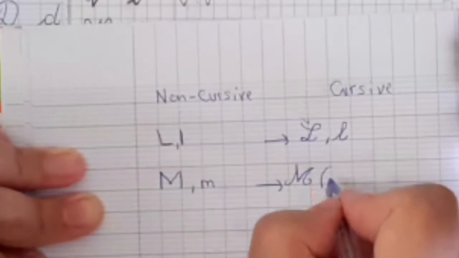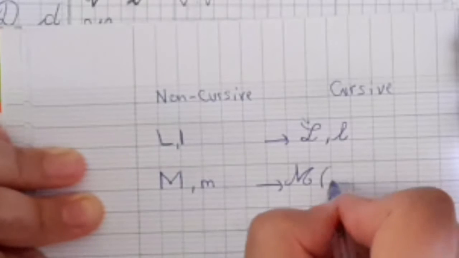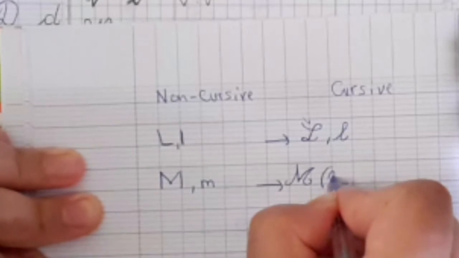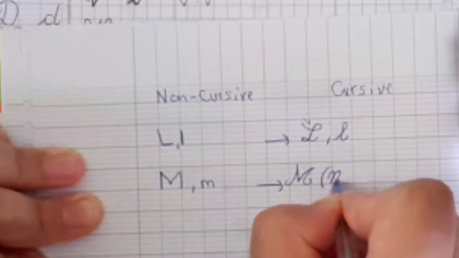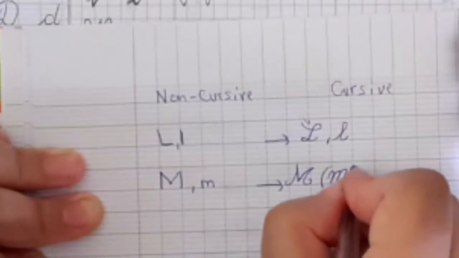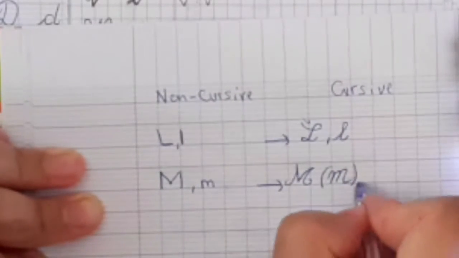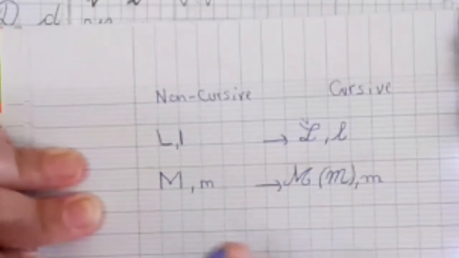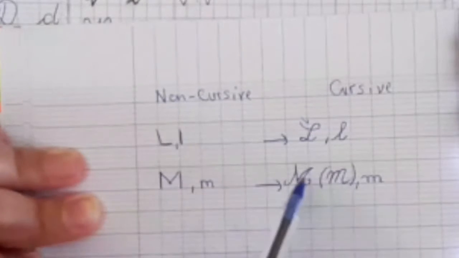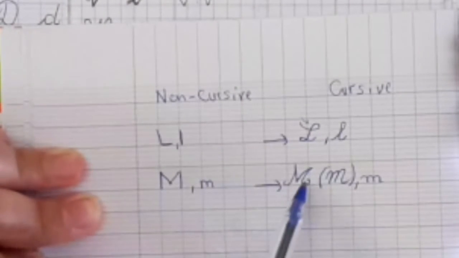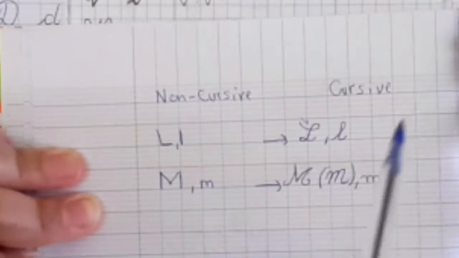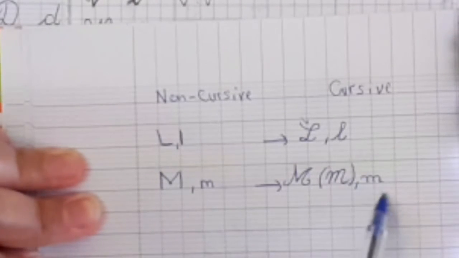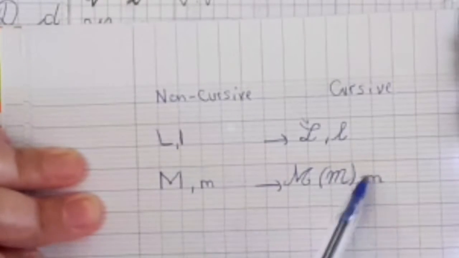Others, or some others, like that. Now the small form is like that. We start from here, here, and like that. It is like that. So this is capital letter in cursive writing, or it is like that, and this is the small letter.